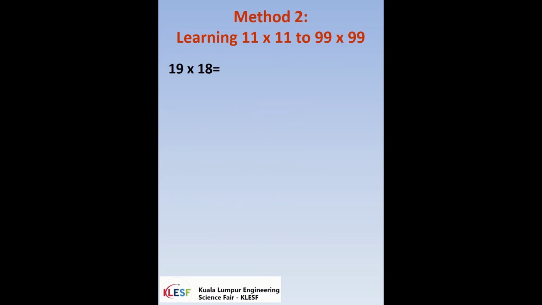Let's consider the second example. When we want to multiply 19 times 18, we consider the first digits of the two numbers. 1 times 1 is equal to 1. And we know that 19 times 18 will give a 3-digit solution. So this will become 100. Then we consider the last digit of the first number and the first digit of the second number. 9 times 1 is equal to 9, which forms 90.